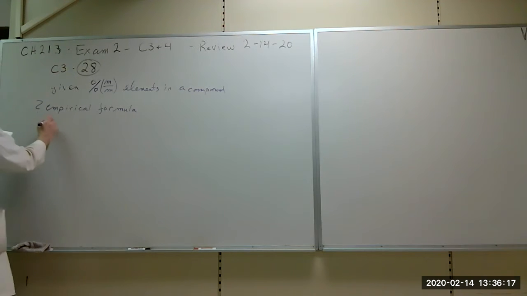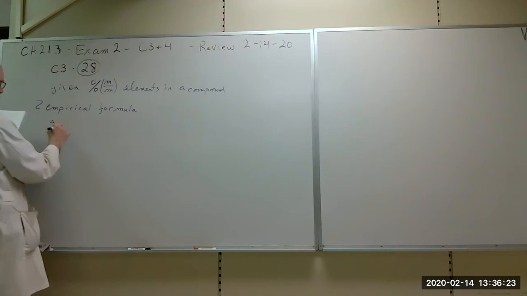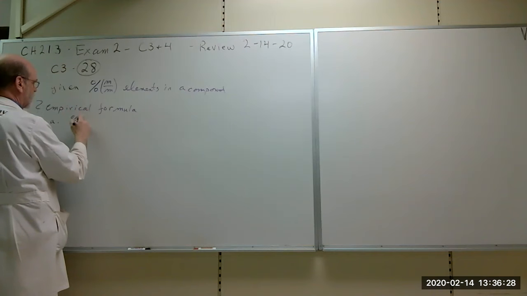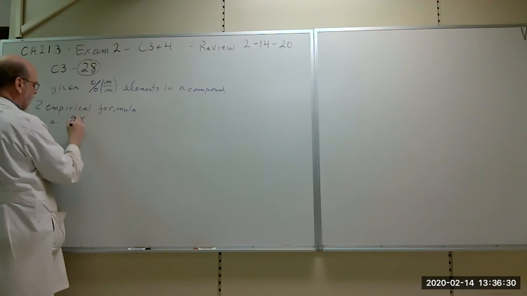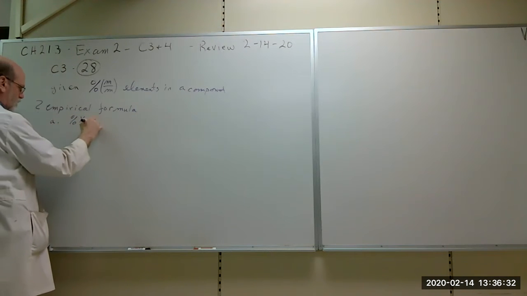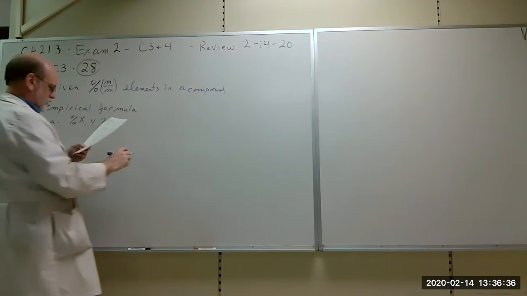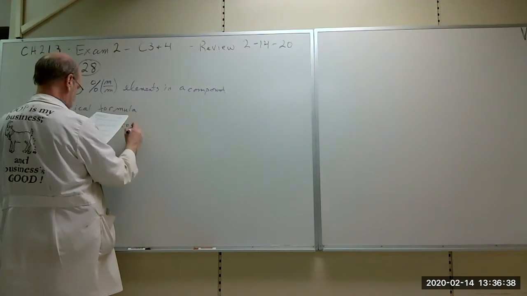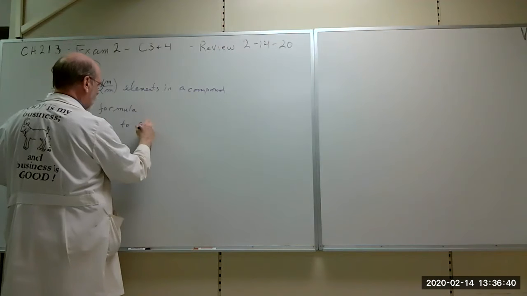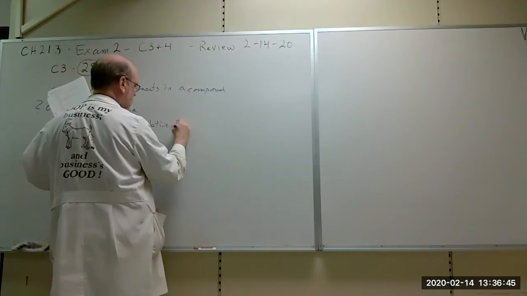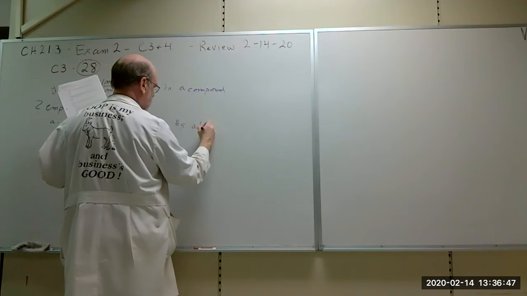Okay. A says you must convert percent by mass to relative numbers of atoms. Okay. You have to take percent X, Y, and Z, there are three of them, to relative numbers of atoms.